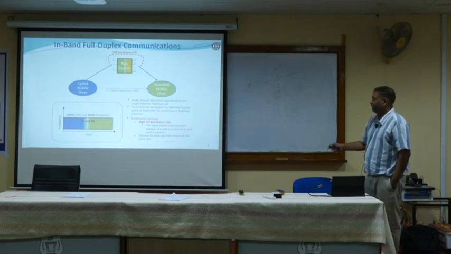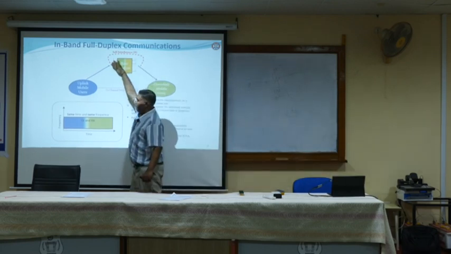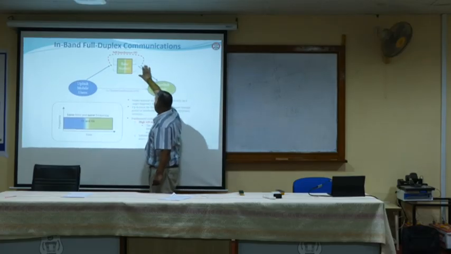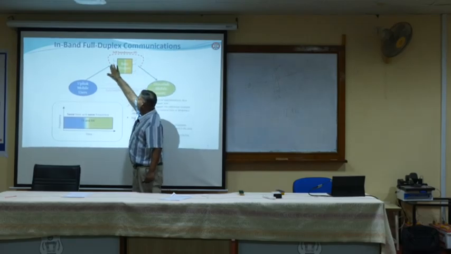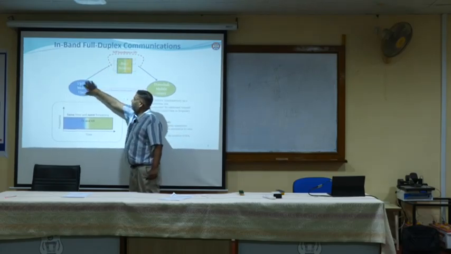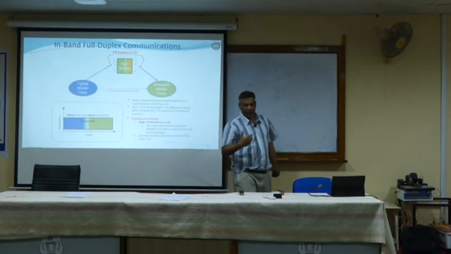The signal emitted from the transmitter antenna is received by its own receive antenna. Because of this large interference, you can immediately think: I am the one transmitting the signal here, I know what I am transmitting. So if I subtract what I transmitted from the received signal, then I will be able to receive the desired signal. That's the intuition.